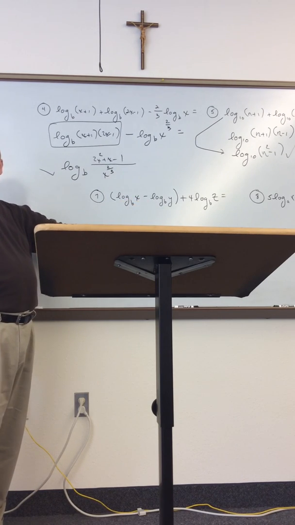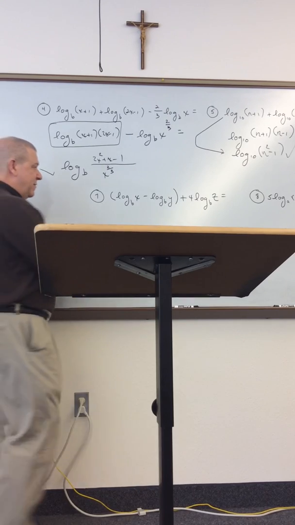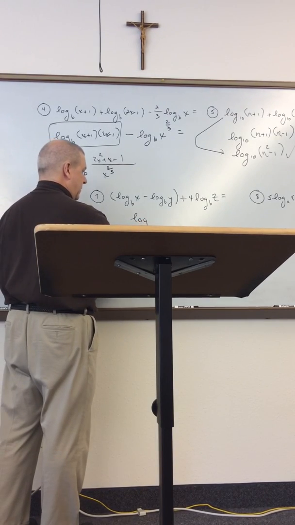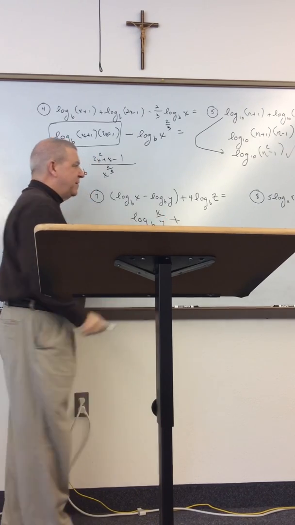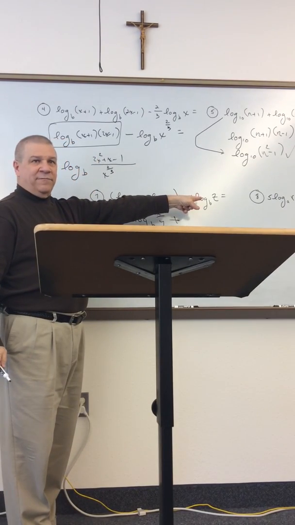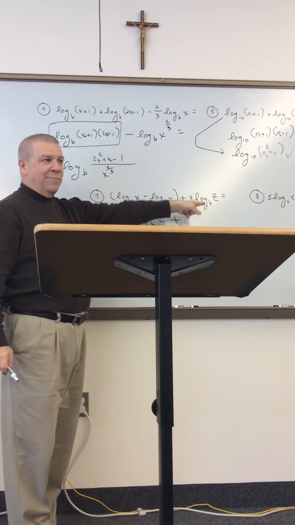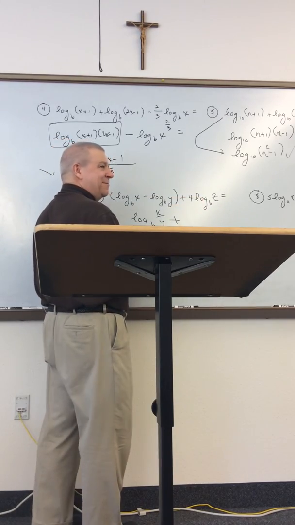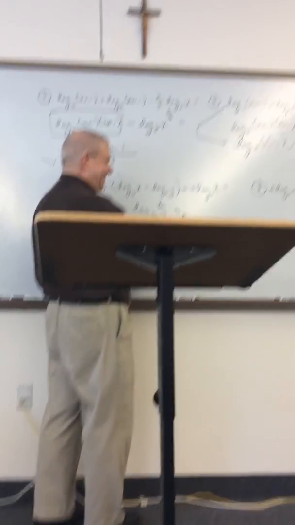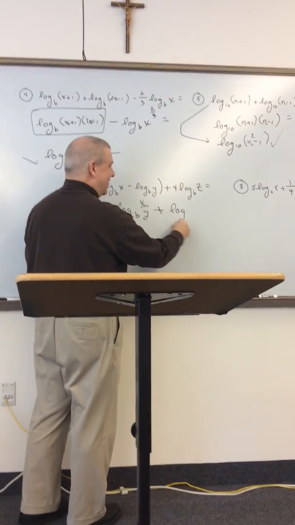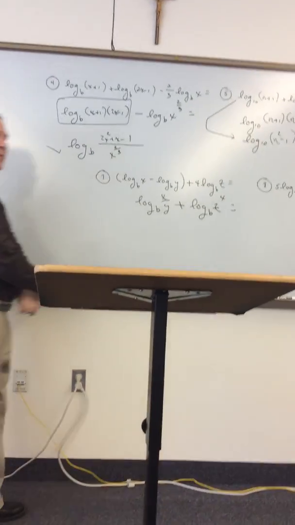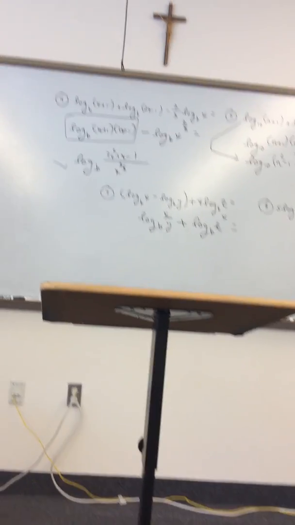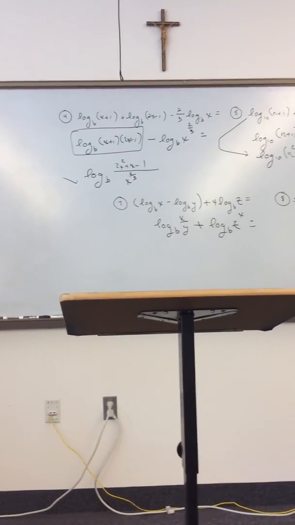What's this is 1? David? Log of x over y to the base of b. Plus, what's that? It's a number in front. Rob? Log z to the 4th base b. Log of z to the 4th to the base b. Now be careful here. What's the answer? Ready to give it, aren't you?